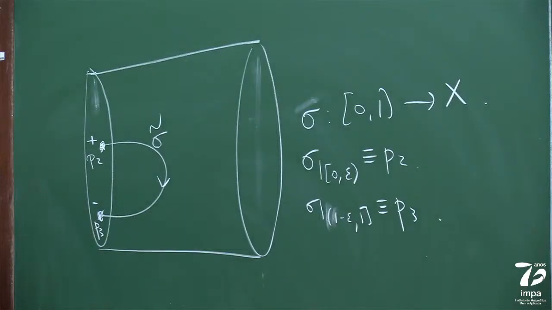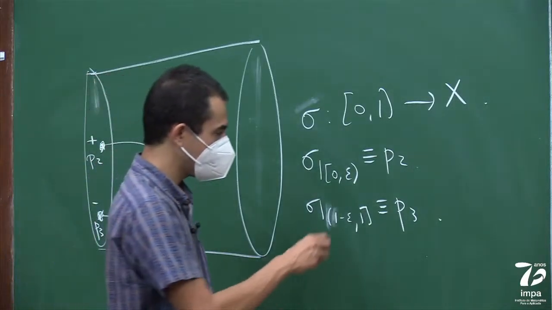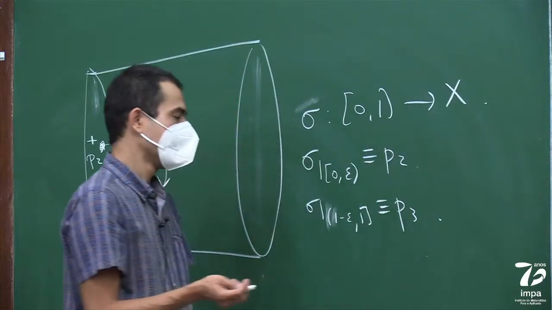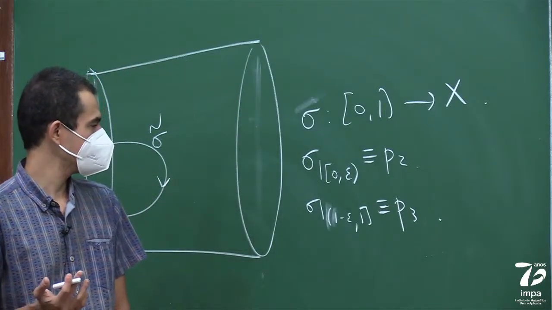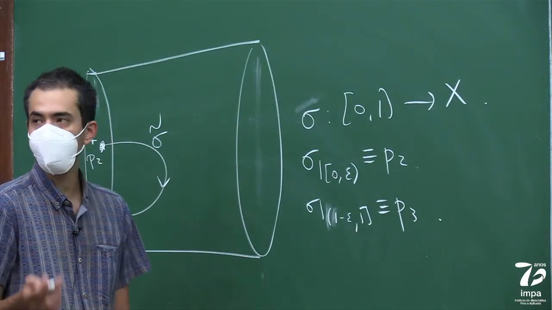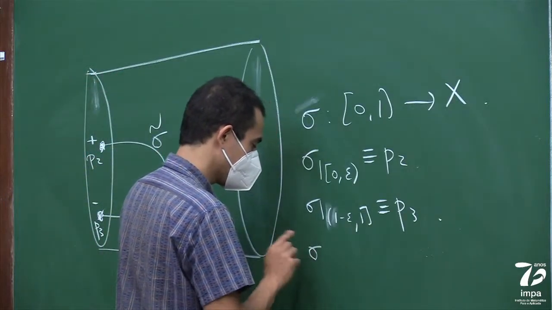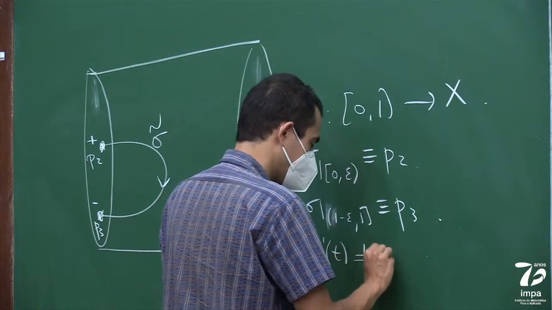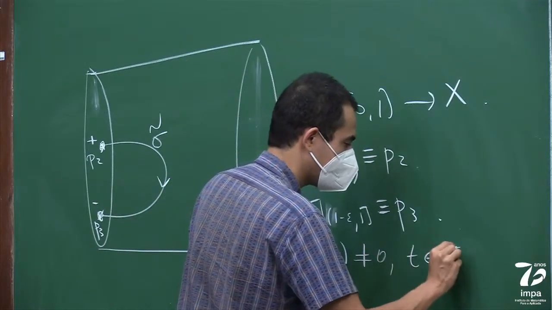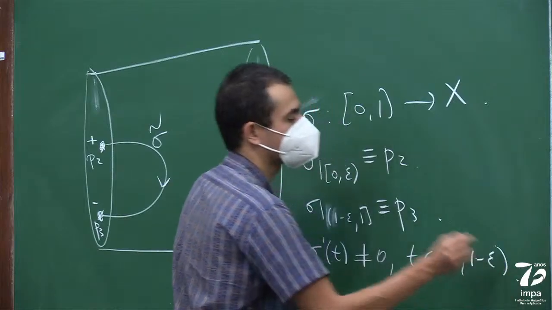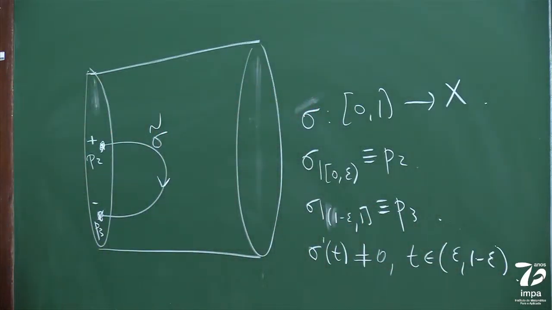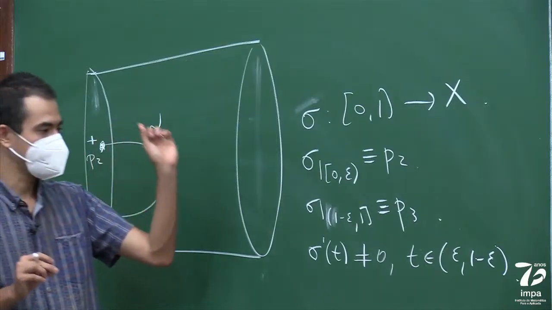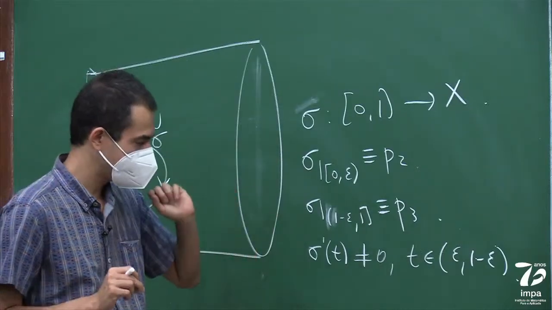Now what you could do is, you can also assume, for example, it's not completely necessary, but we could suppose that sigma prime is different from 0 for t in (epsilon, 1 minus epsilon). So I want a path that is going to be stopped near P2, but then I call epsilon the place after which it actually starts moving.